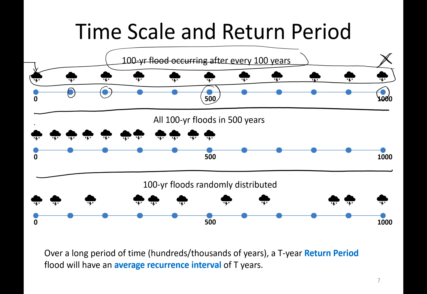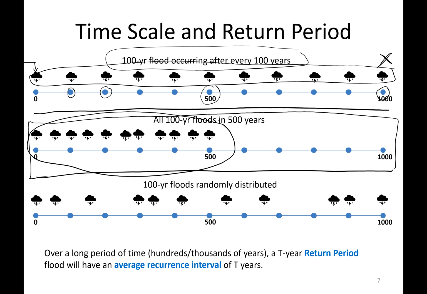In the second case, we still have the same number of events, but they are taking place in just the first 500 years, and then there is nothing. So we have the same number of events over a period of 1000 years, but they are distributed only in the first half, and in the second half there are no floods.